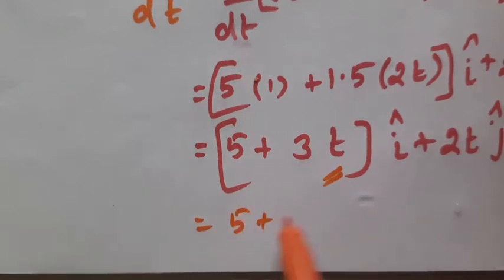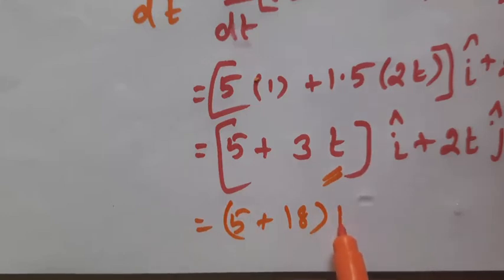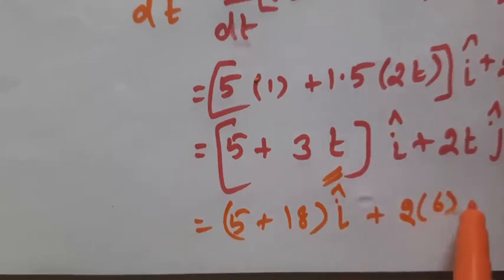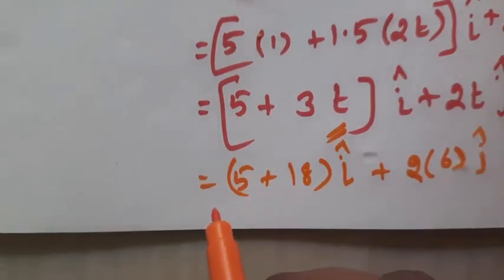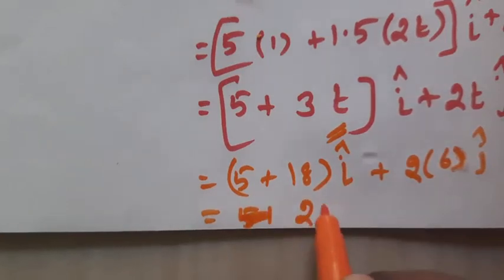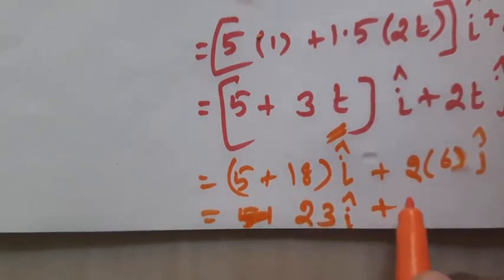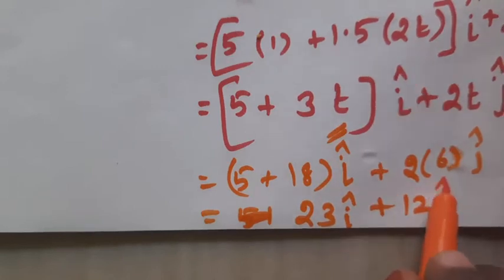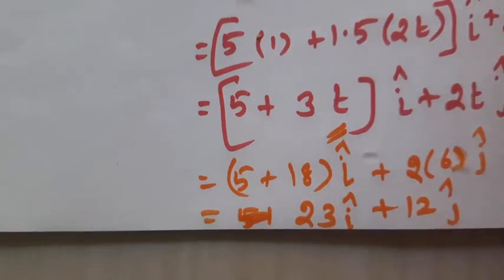So 5 plus 6 into 3 means 18, 18 i cap plus 2 into 6 j cap. 2 into 6 means 12. So now 5 plus 18 is 23 i cap plus 12 j cap.